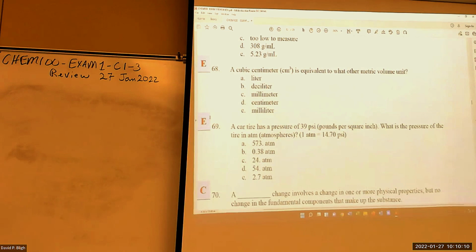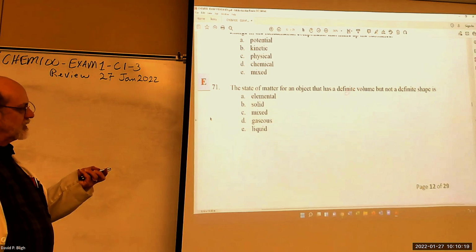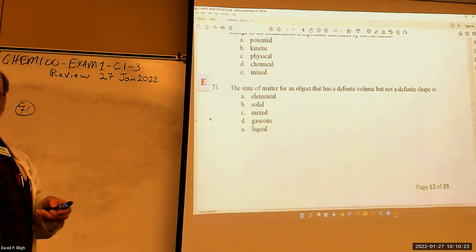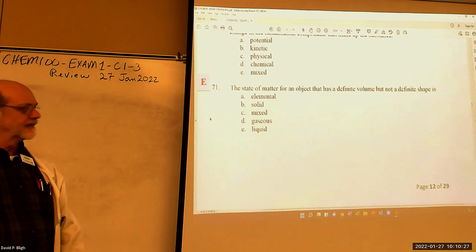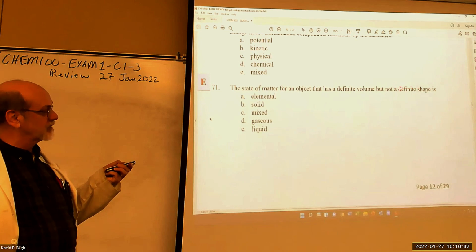How about 71? The state of matter of an object that has a definite volume, but not a definite shape. Well, we have three states that we discussed: solids, liquids, and gases. So a solid has a definite volume and a definite shape.